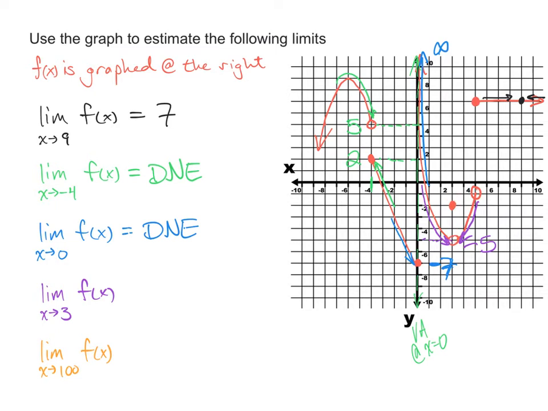Well, this goes back to the definition of a limit. Let f of x be defined on an interval containing c. And then in red text it says, except possibly at x equals c. So that is exactly this case. This function is defined at x equals c, but it's not where we want it to be. It's not at this hole.